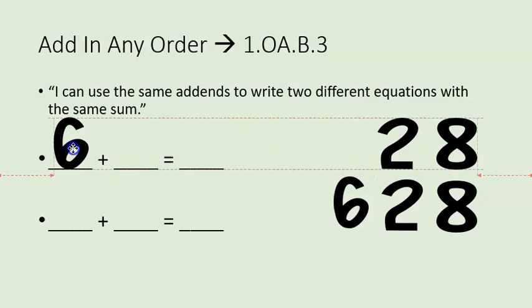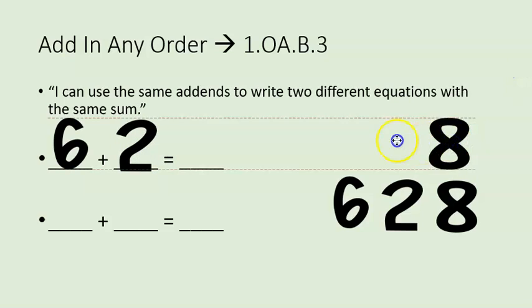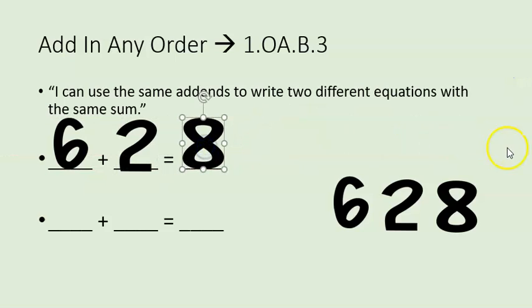I'm going to put 6 here in the first line. Next, I'm going to put 2 here because we know 8 is the big number. 8's going to have to be the answer here. So let's put 2 here. Now, we're going to put 8 here because 6 plus 2 does equal 8. So our first addition equation is complete.